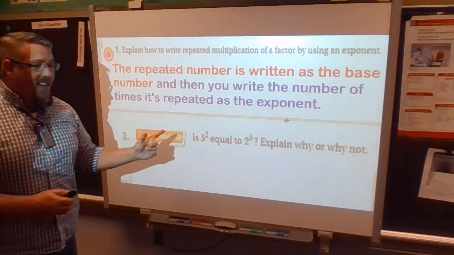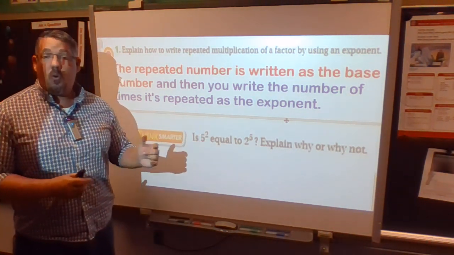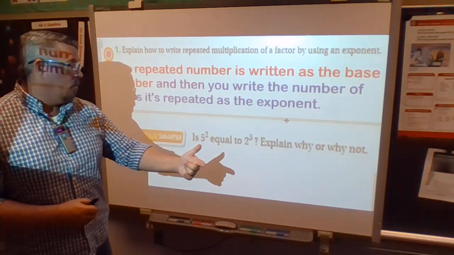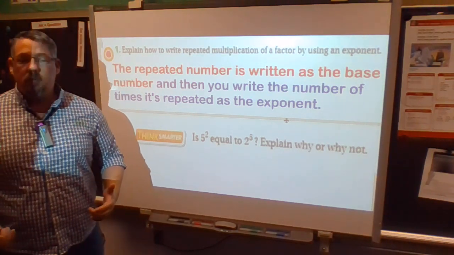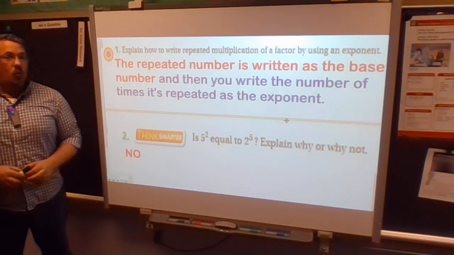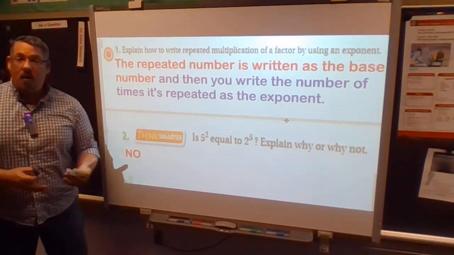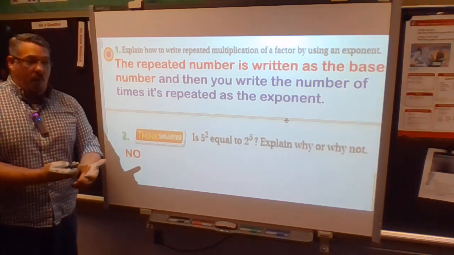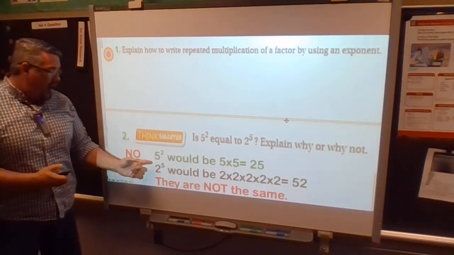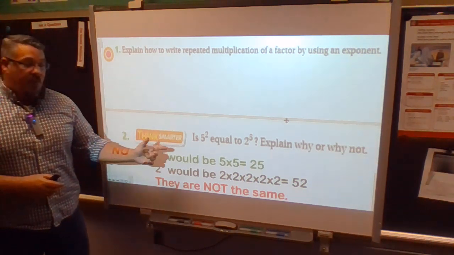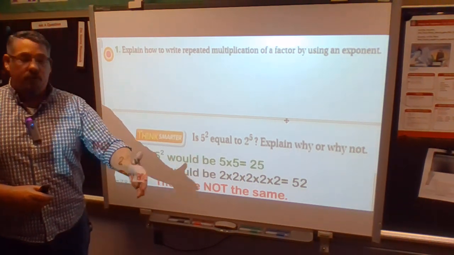Step 2 says, is 5 to the 2nd power, or 5 squared, equal to 2 to the 5th power? Explain why or why not. Well, I'm going to tell you that no, they're not equal to one another. I have to explain how I found that out, and I find that out by doing the math. If I take 5 squared, or 5 to the 2nd power, that would be 5 times 5, which is equal to 25.